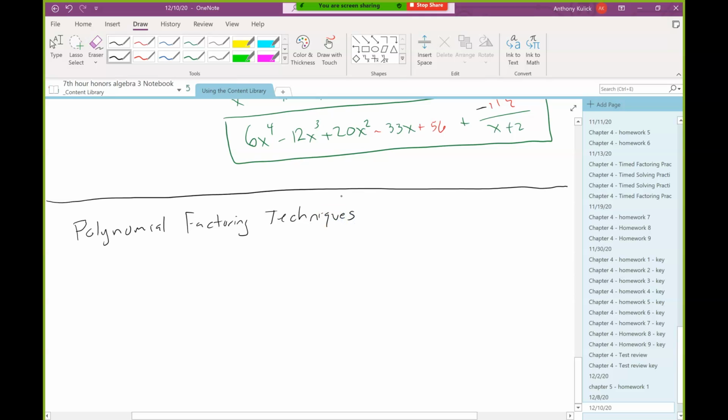Okay. Next up, we're going to talk about some polynomial factoring techniques. So we're going to look at a couple of these today, and we'll finish up the rest of them in our next class period and talk a little bit about solving in that class period as well. So the first one that we're going to talk about are the sum and difference of two cubes.